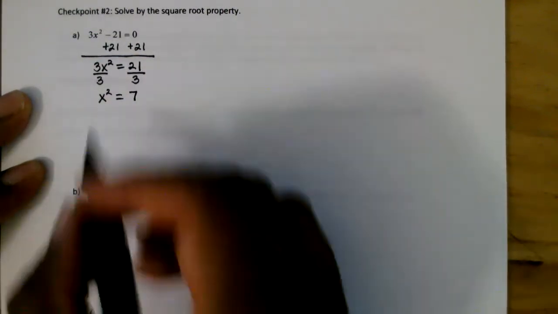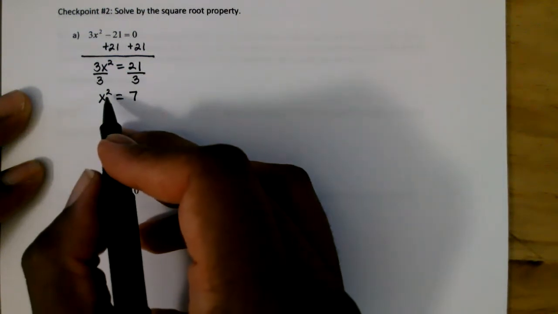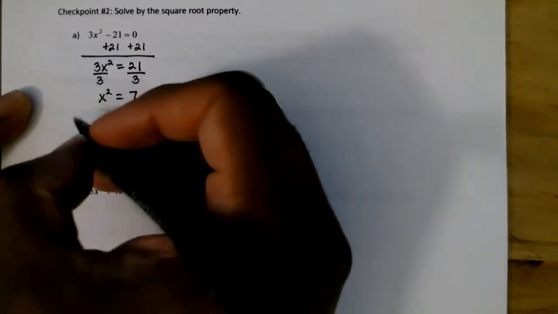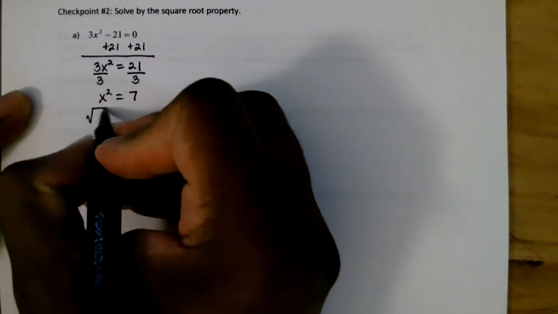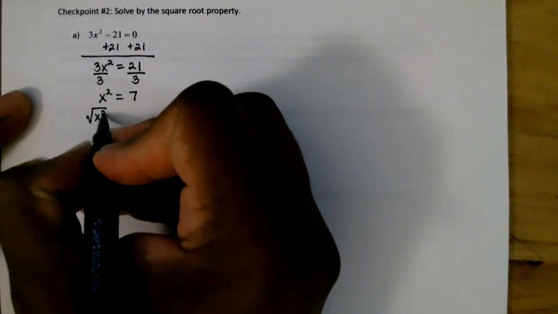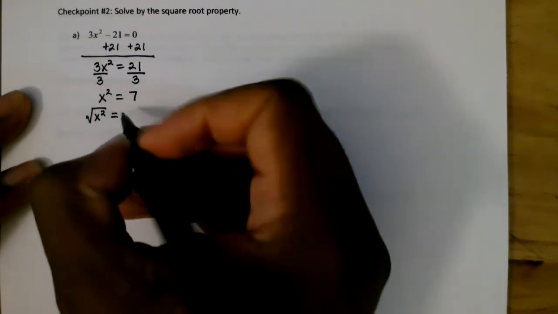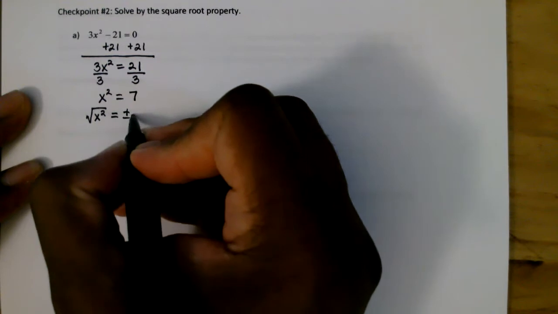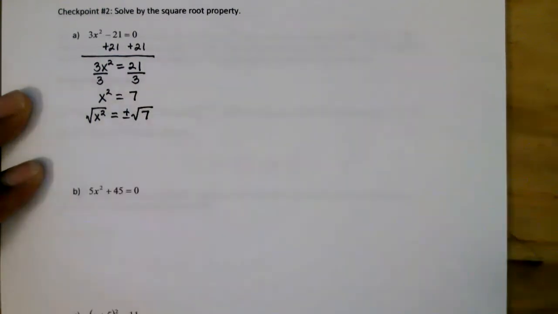And we're squaring it. The opposite of squaring something would be to take the square root. So that's what we'll do here, take the square root on both sides of this equation. And when we do that, we need to include the plus or minus symbol. That's always the case.